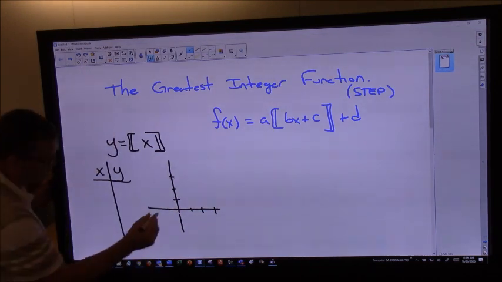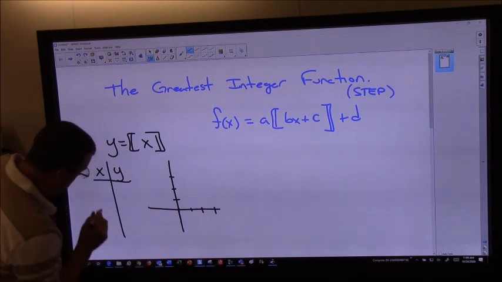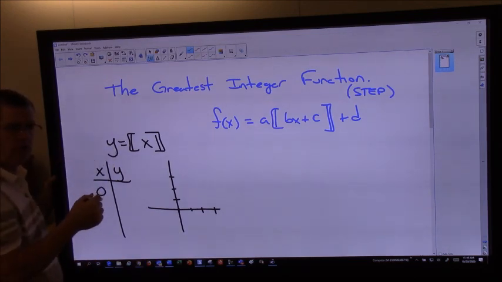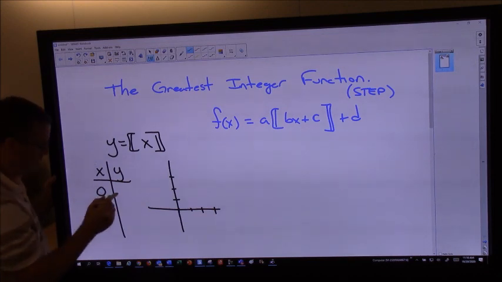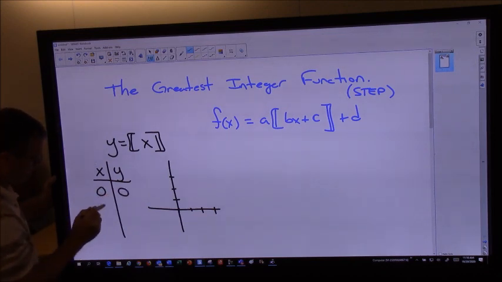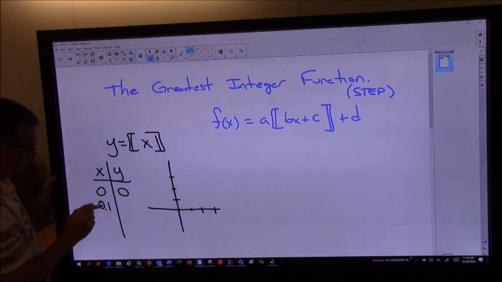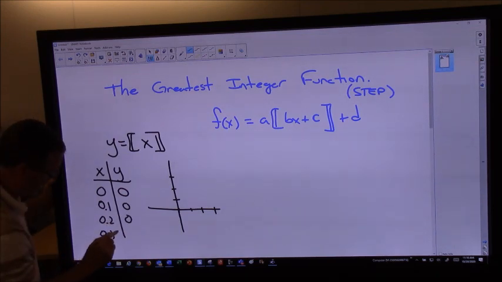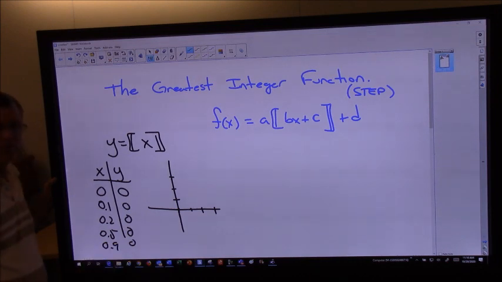Alright, so first of all, if I plug in a number like 0, the greatest integer less than or equal to it is 0. It's equal, okay? And if I go to 0.1, the greatest integer less than or equal to that is 0, or 0.2, 0, or 0.5, 0, 0.9, 0.